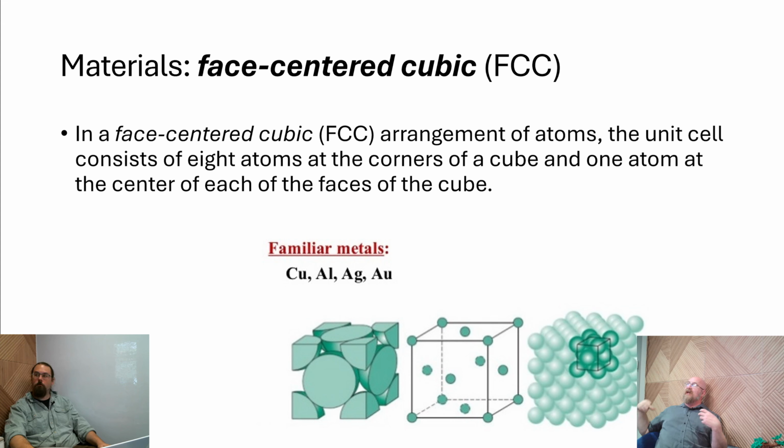It's important to understand that if we add all the fractions together, this base unit has 8 eighths, so that's 1. And then we've got 6 halves, which would be 3.